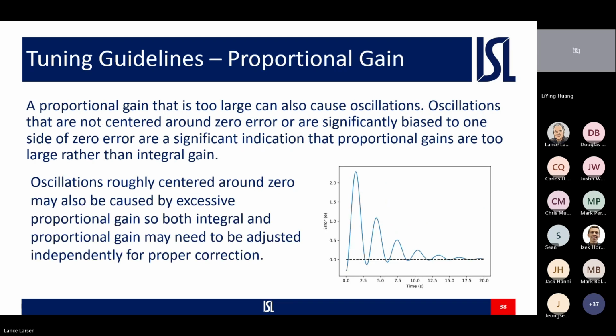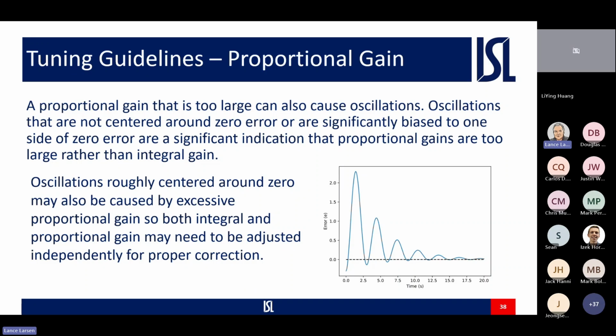Now, if you see an oscillation, but it doesn't necessarily center around 0, this is also an indication your gains are too large, but this points to your proportional gain being too large, and that you need to back off on the proportional gain. Now, if they are centered around 0, proportional gain can make that happen as well.